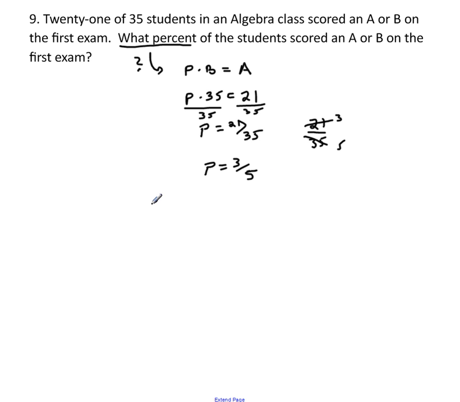We take 3/5 and multiply by 100. 100 is the same thing as 100 over 1, so 5 divides into 100 how many times? 20, that's correct. 3 times 20 is 60. So our percentage is 60%. 3/5 is equivalent to 60%. So 60% scored an A or a B.